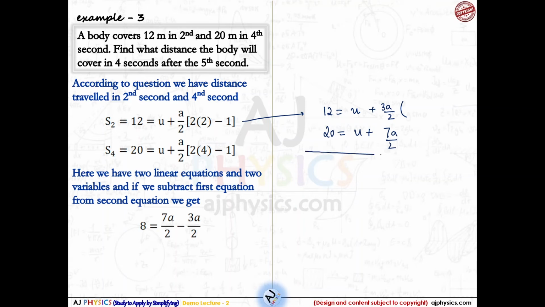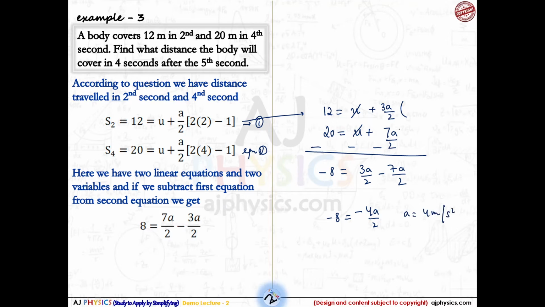Okay, and you can subtract these two equations. You would get minus 8 is equal to, u would get cancelled, 3a by 2 minus 7a by 2. I might have done the second equation minus the first equation here. This is equation 2 and this is equation 1. Either way it's fine because the answer will be the same. So this will be minus 4a by 2 equal to minus 8, and a should come out to 4.